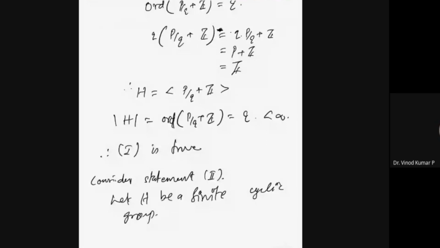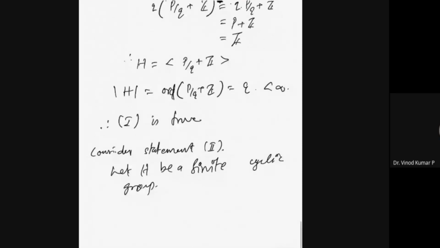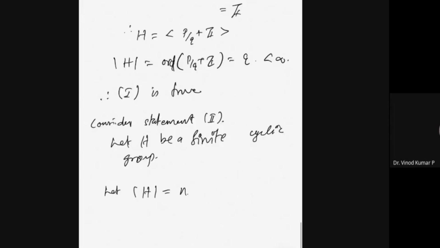Now, suppose the statement is true, then what you have to prove is that you can find a cyclic subgroup of the same order as H in Q by Z. So let the order of H be equal to n.